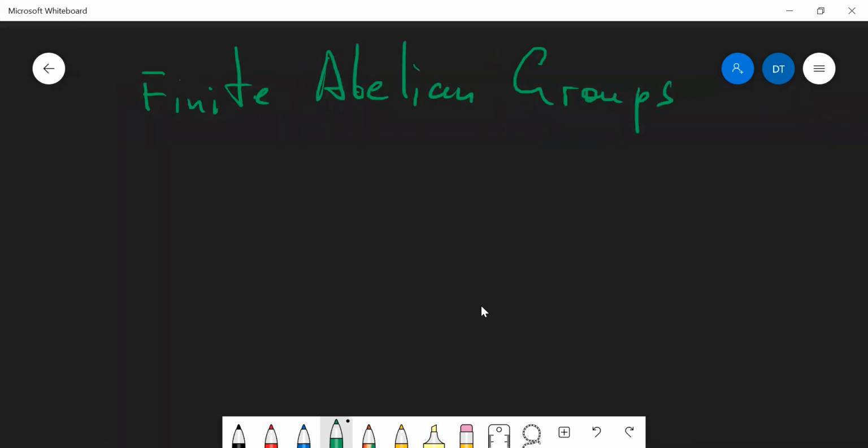So, finite abelian groups. The term is self-explanatory. What is a finite abelian group? A finite abelian group is a group which is abelian and finite, which means it's commutative and has finitely many elements. But let me just write it down.